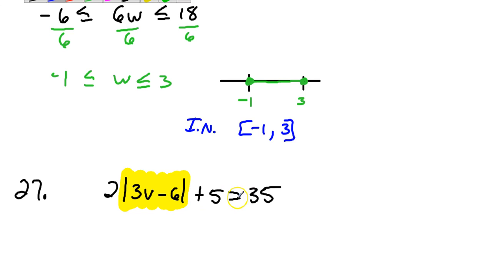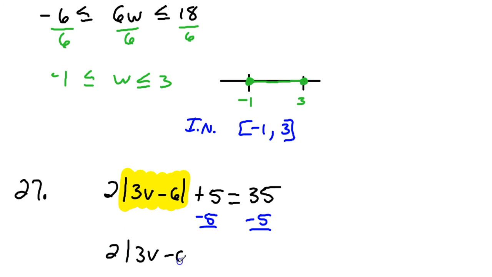That's an equal sign right there. Yeah, let's make that a little better. There we go. So first thing we should do is subtract 5. We've got 2 times the absolute value of 3v minus 6 equals 30.